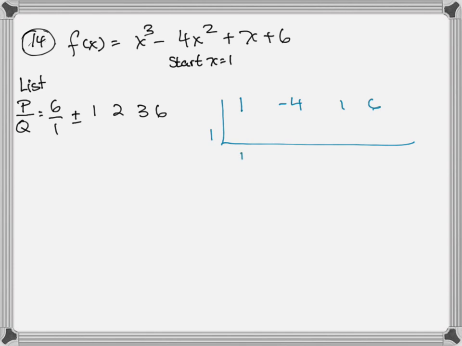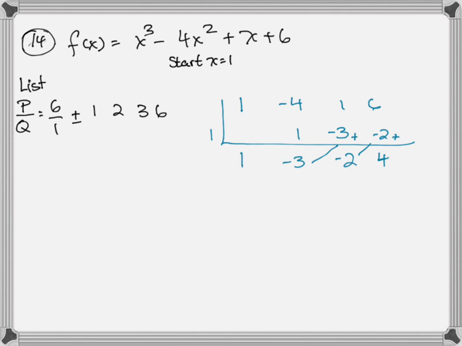Minus 4 is a negative 3. Negative 3 times 1 is negative 3. Plus 1 is a negative 2. Negative 2 times 1 is a negative 2. Plus 6 is 4. And you can see here that we don't get a 0.